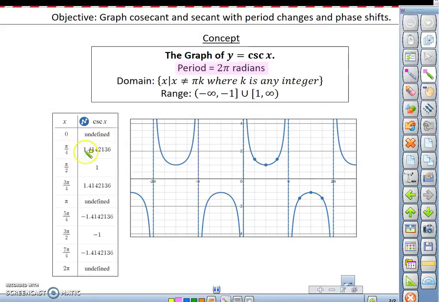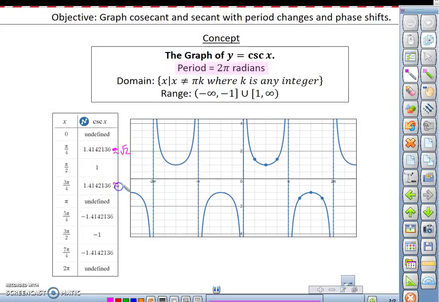Looking over here at the table, when you do sine of pi fourths, you get root 2 over 2. And so the reciprocal of that is the cosecant value. This decimal is the decimal approximation for the square root of 2, which is the reciprocal of root 2 over 2.